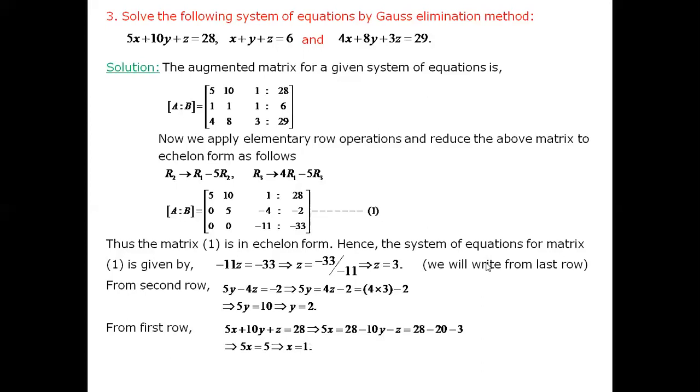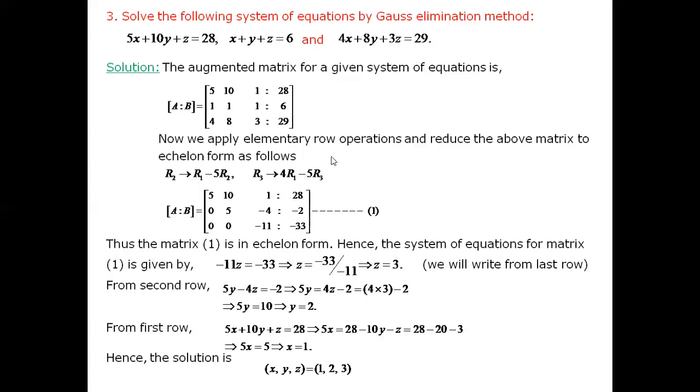So the complete solution of the problem is x, y, z equals 1, 2, and 3. So this is the required solution of your problem. This is a common procedure for any problem in Gauss elimination. So this is how we can solve.